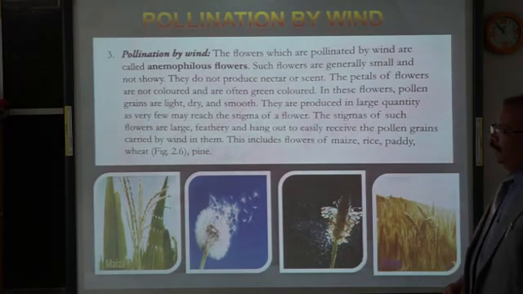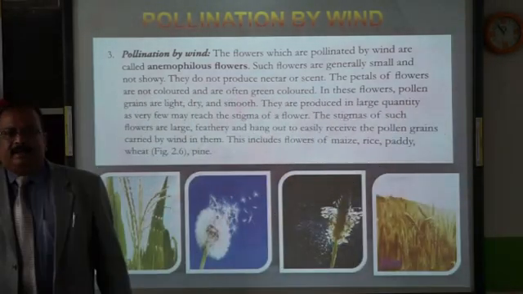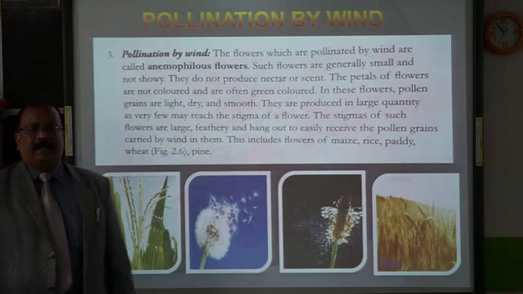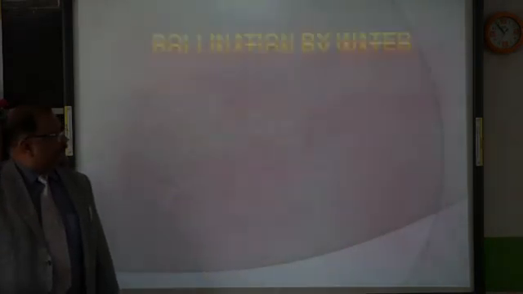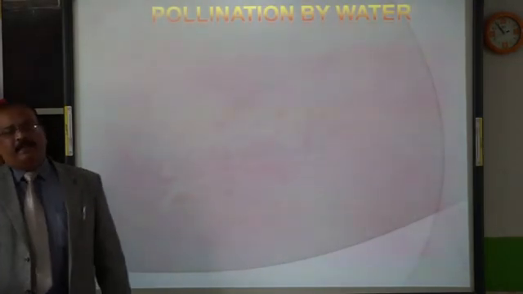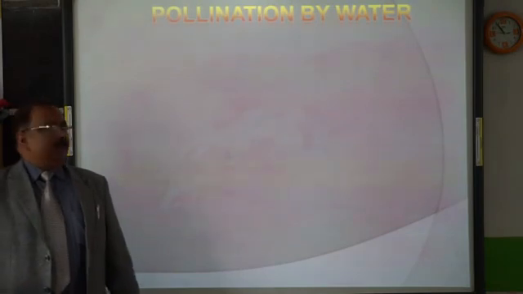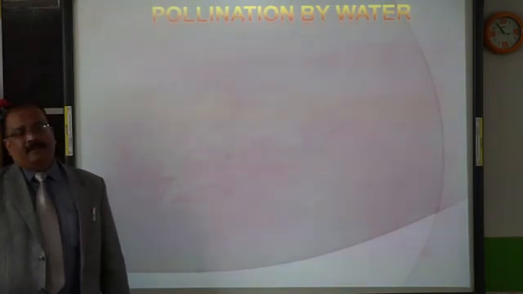Okay, so now the last one is pollination by water. This takes place in the aquatic plants, the plants which live in water. Do you remember any plant which lives in water? Hydrilla and Vallisneria.